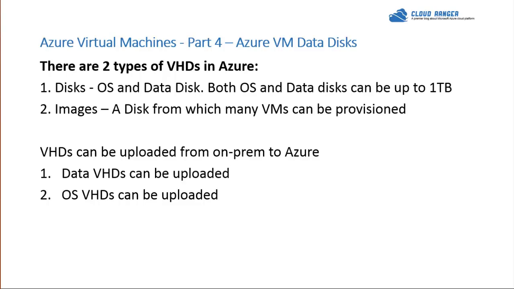This can be for both data disks and OS disks. In this session, we are only going to concentrate on the data VHDs that can be uploaded, among many other things. Chances are that happens to be one of the most important things for production, because you will already be working in an environment where things are already there.